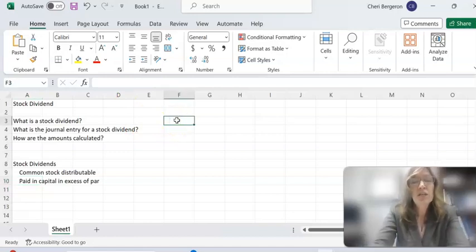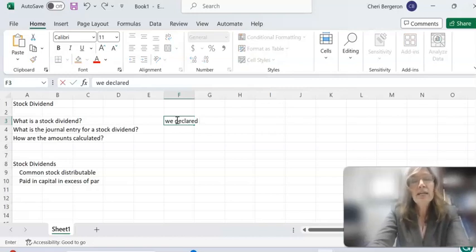If you were to be asked to calculate the numbers, you'd have to be given a lot more information. You'd be given information such as, we declared a 2% dividend on $3 par value common stock.